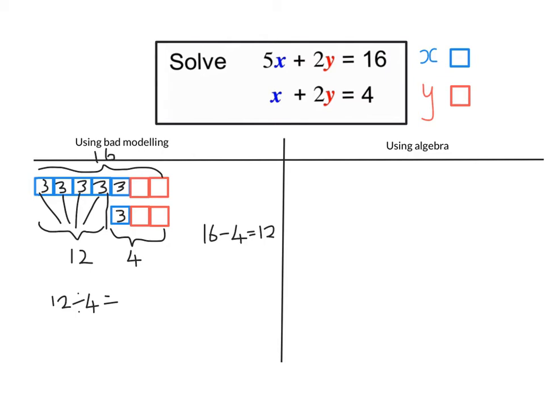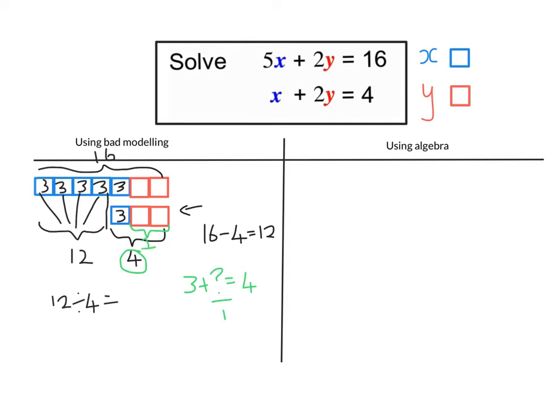Now if I look just at the bottom line, let's just change colour to make it more clear. Now I know that this whole of the bottom line makes 4. I've already got 3 here. So 3 add something is 4. Well, that something has got to be 1. Now that 1 represents both of these red boxes.